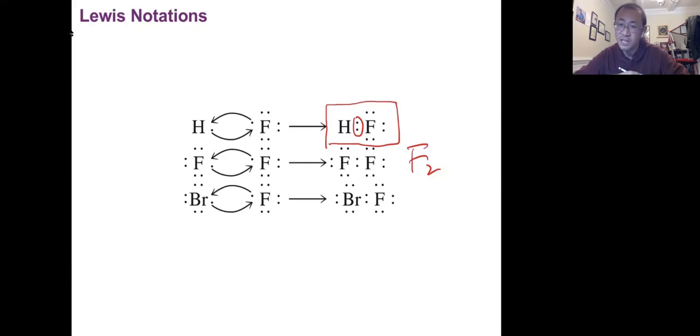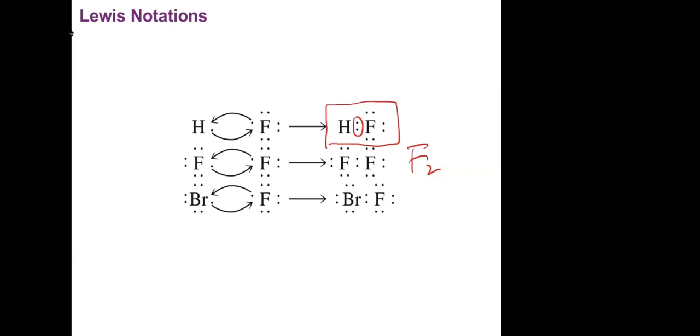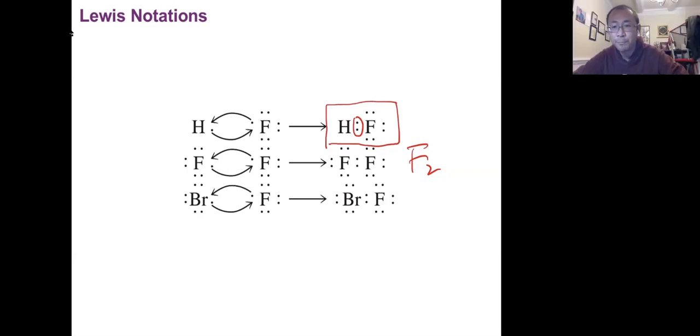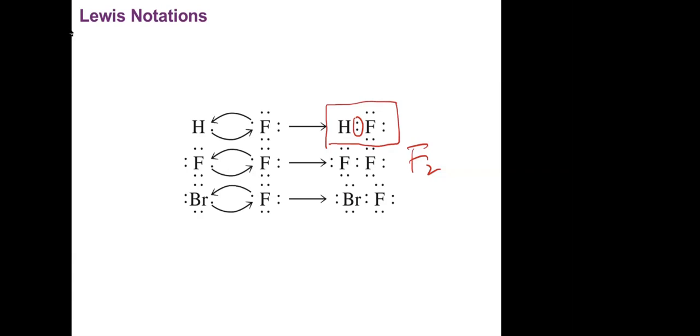Okay, some elements exist in nature as monoatomic, some as diatomic. Fluorine exists in nature as diatomic. Don't worry about the naming yet. We will study the naming of these compounds in this chapter in detail. Is there a rule that helps you determine which elements are diatomic in nature and which are monoatomic?